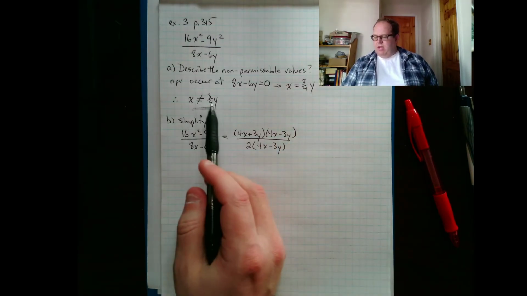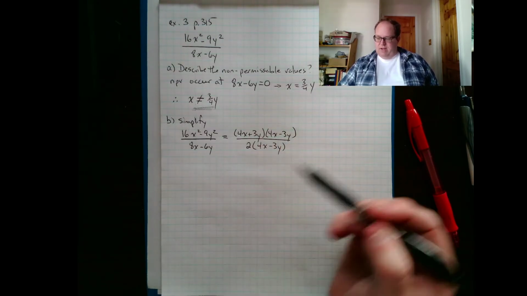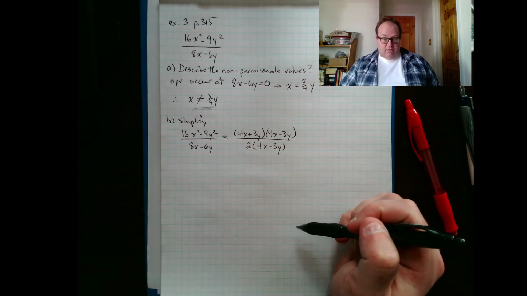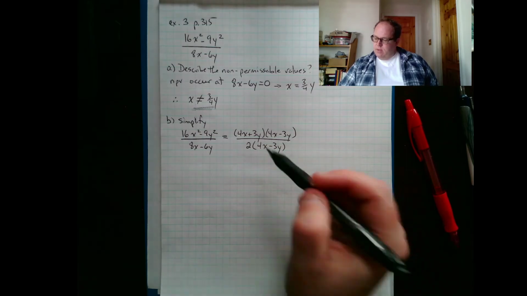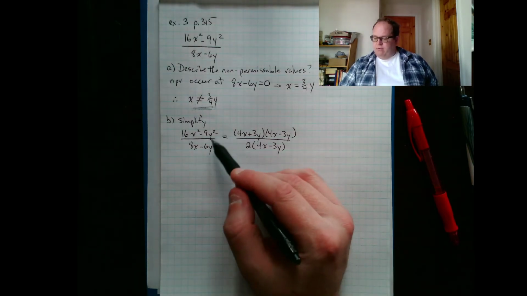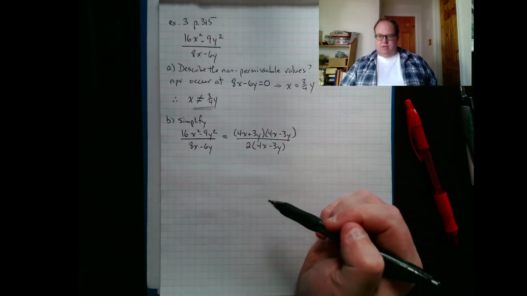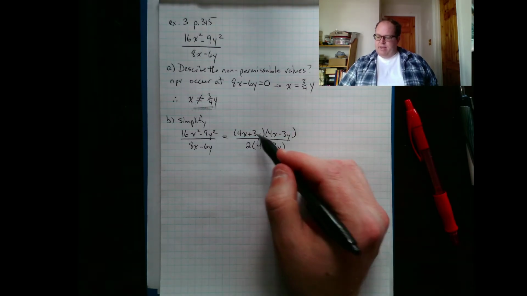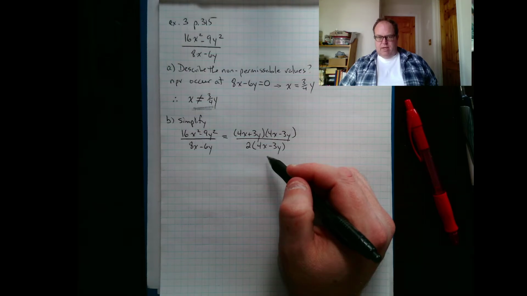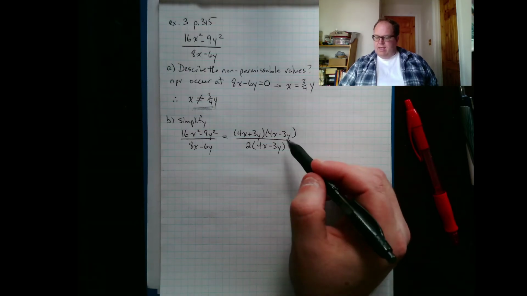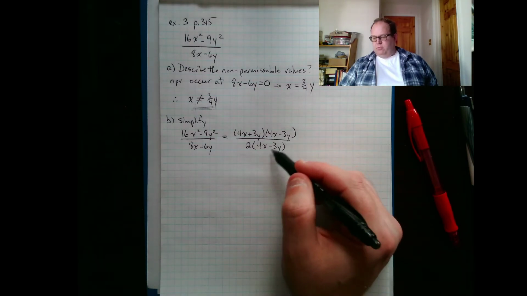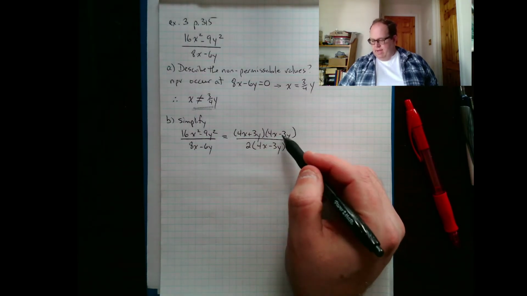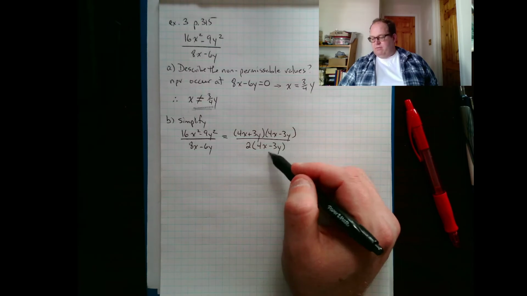Once you have found the non-permissible values, I don't really find it necessary to write it down at each step along the way, but you will need to include a statement at the end. So, my first step, before I've tried to cancel things out, I factored as much as I could. I made my expressions big combinations of multiplication, and then any of the terms I'm multiplying that are the same in my numerator and denominator, I end up with division that gives me 1.